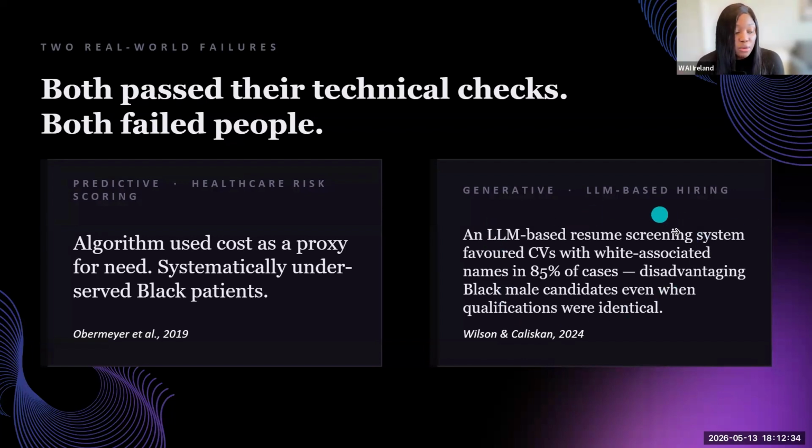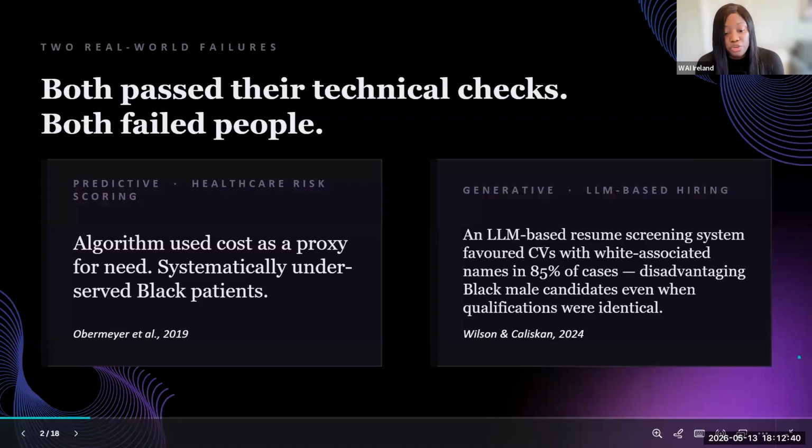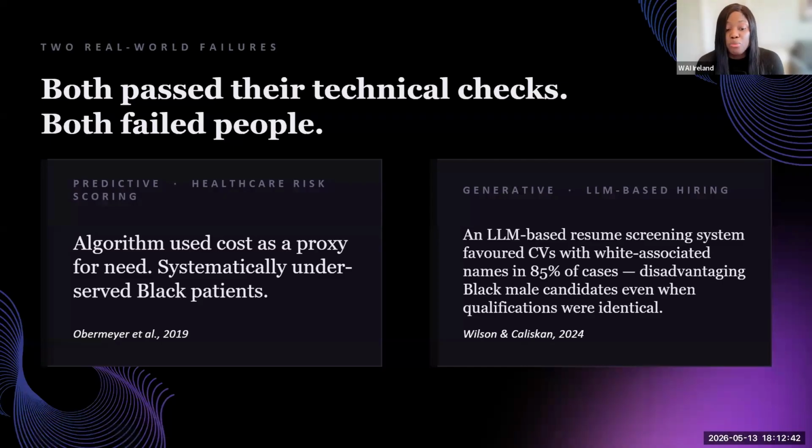And this is an example. In 2024, researchers tested an LLM-based resume screening system, the kind that nearly all Fortune 500 companies are now using to evaluate candidates, right? They ran controlled experiments on these systems where the variable used was the candidate's name.